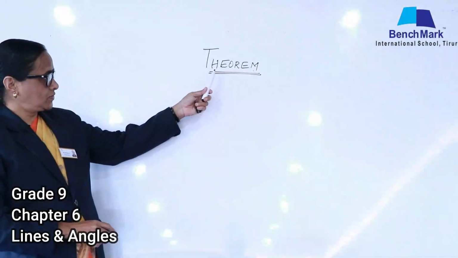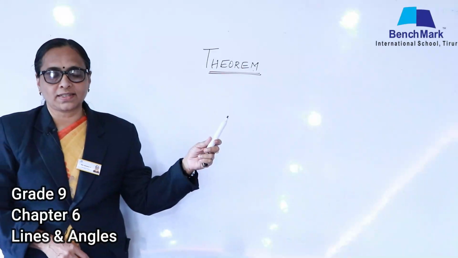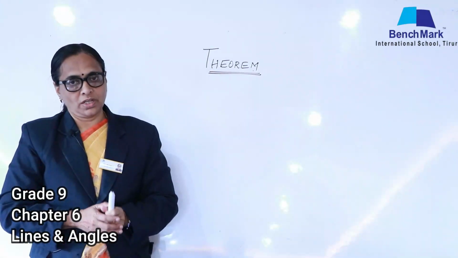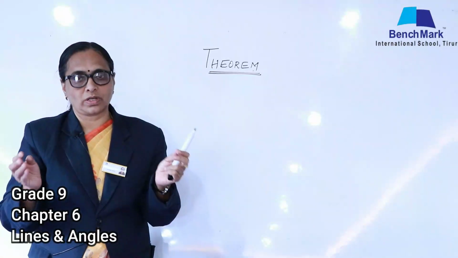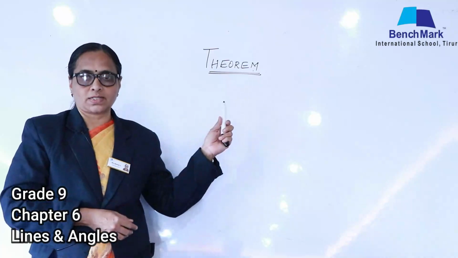Can you see the word which I have written on the board? Theorem. What do I mean by a theorem? A theorem is a statement which has a proof. If I write a statement, and if there is a proof for the statement, I call it a theorem.